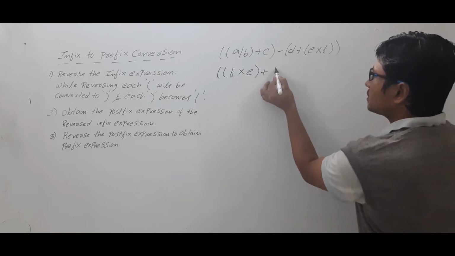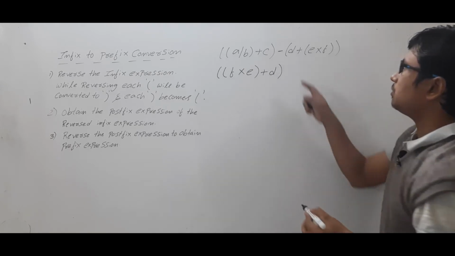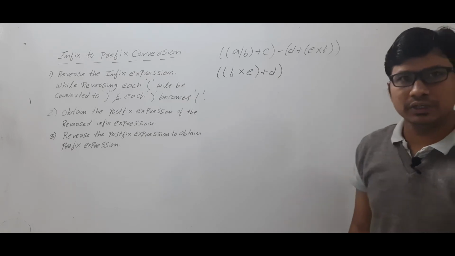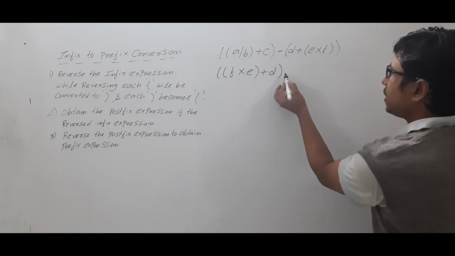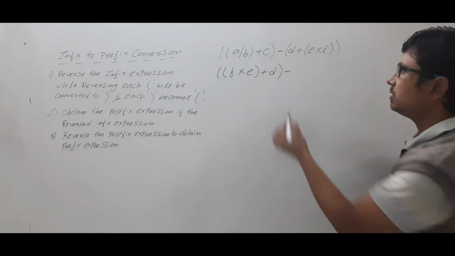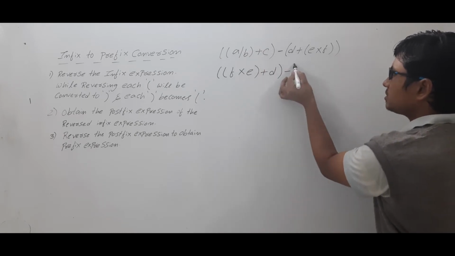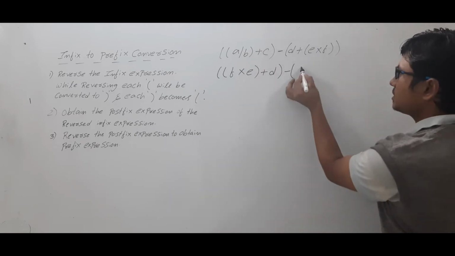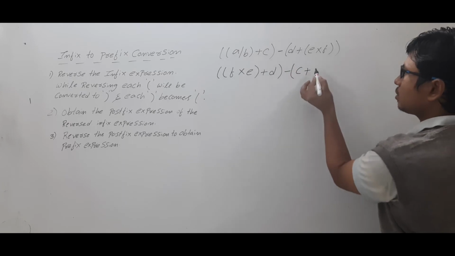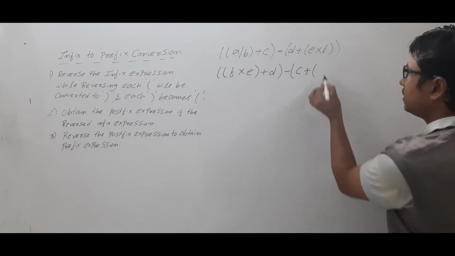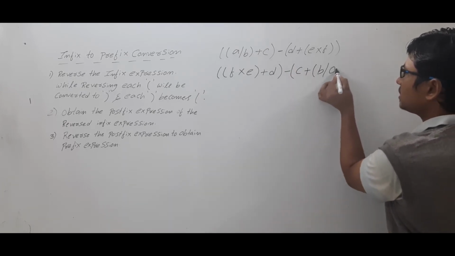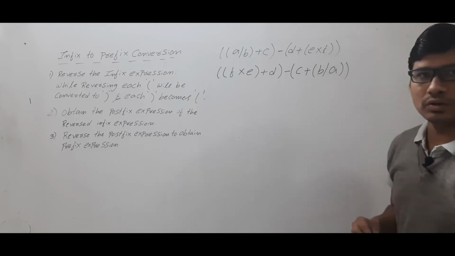You have a plus, you have a D, and you have an open parenthesis. I converted it into a closed parenthesis. You have a subtraction, it will be like that. You have a closed parenthesis, it will become open. C plus, closed, it will become open. B division A, close parenthesis.